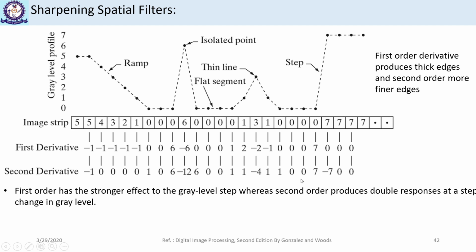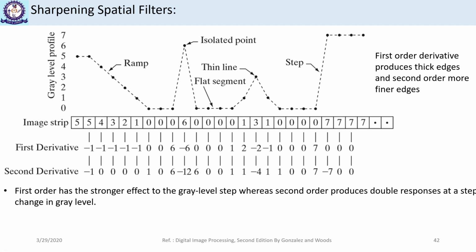How can we say it is double response? We get a positive number and then we get a negative number for a step. So if we take the second derivative of a step signal, I get a positive and then a negative, so we get a double response corresponding to that.